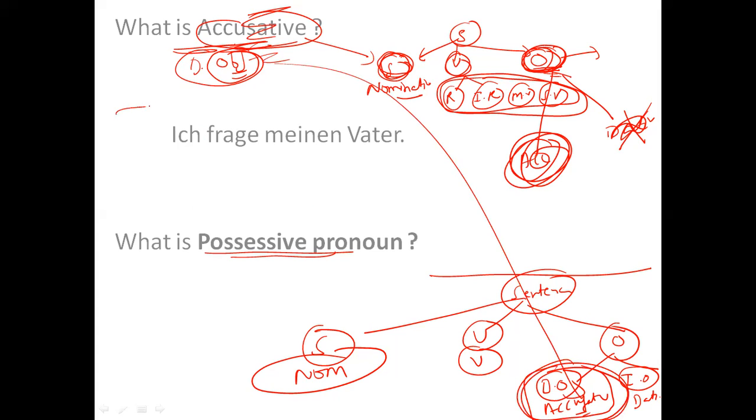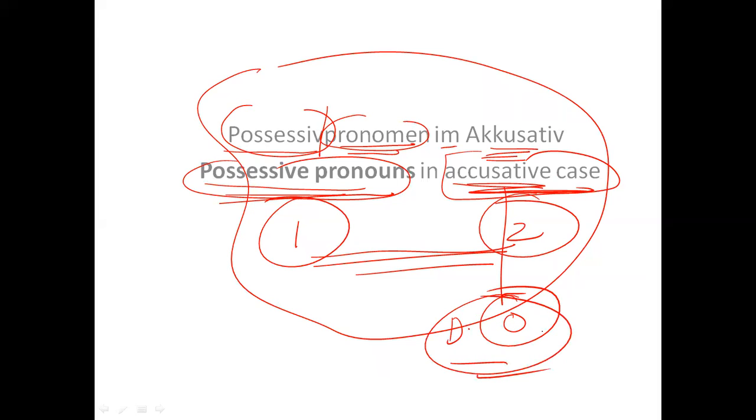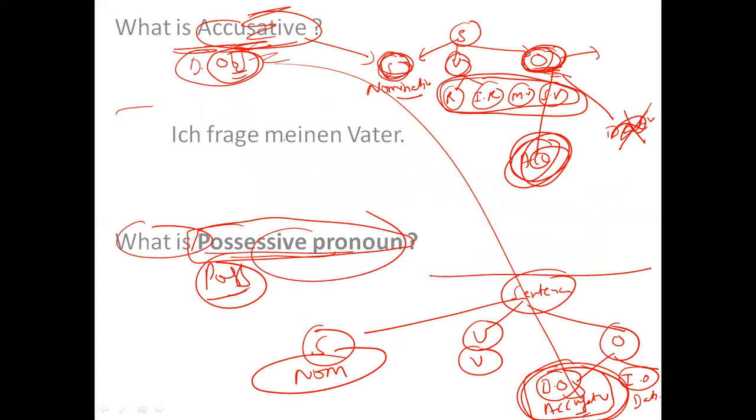And what is a possessive pronoun? I told you we are going to talk about two words: possessive pronoun and accusative. Accusative is the direct object of a sentence. Now let's talk about possessive pronouns. They are the words which show possession. For example, my shows possession, like my pen.